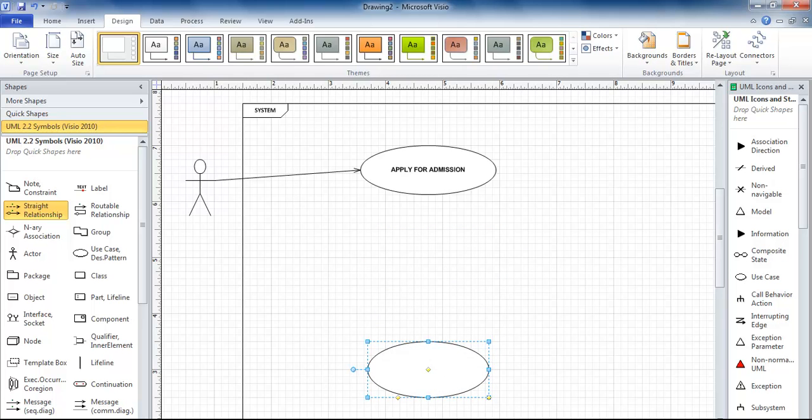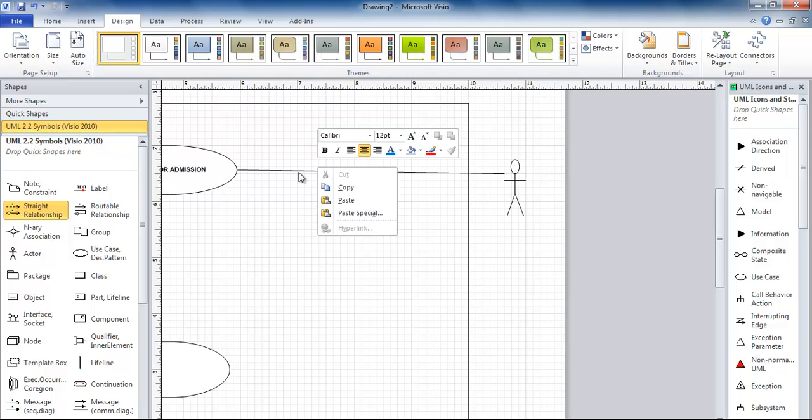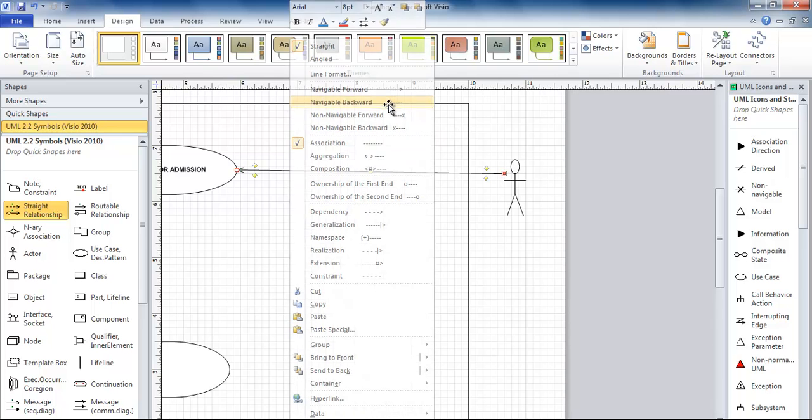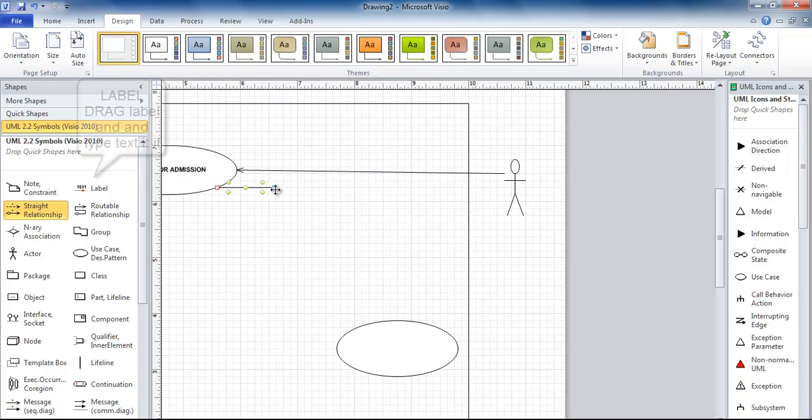Now suppose if you want to create another arrow from here, I can drag this arrow to here, and if I want, I will change the arrow navigation to backward. This is how you change the arrow. Now suppose I wanted to draw a line with a relationship, and there is a requirement for include and extend, I will come to it.